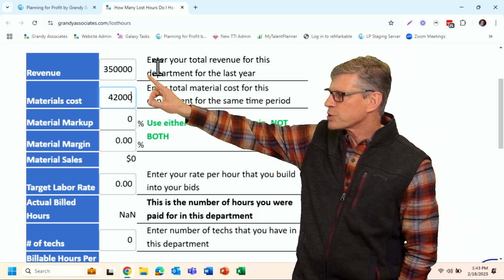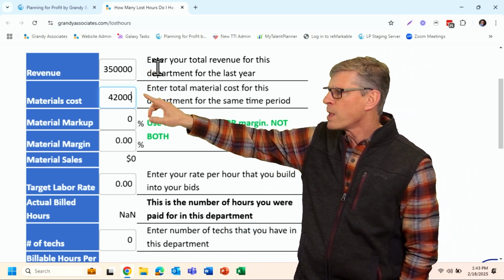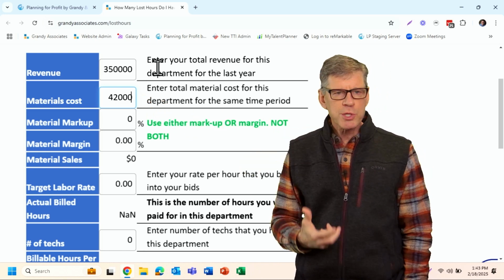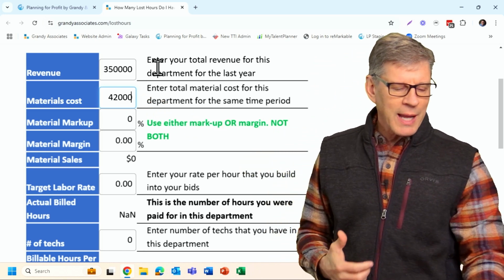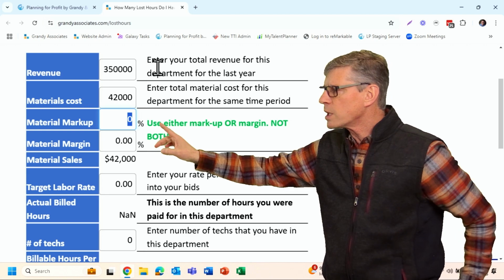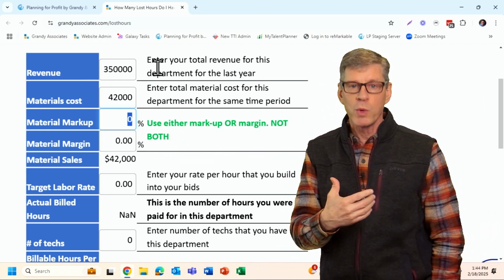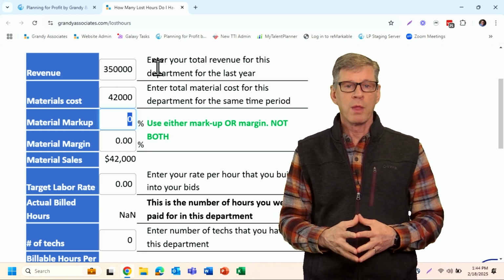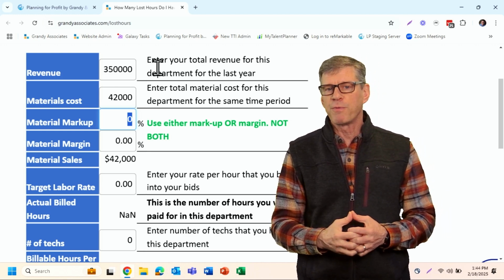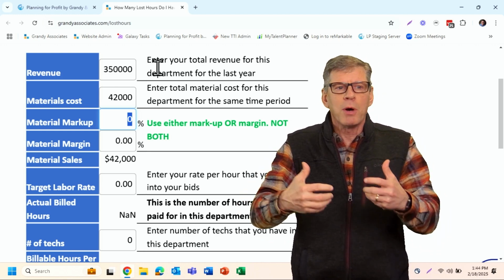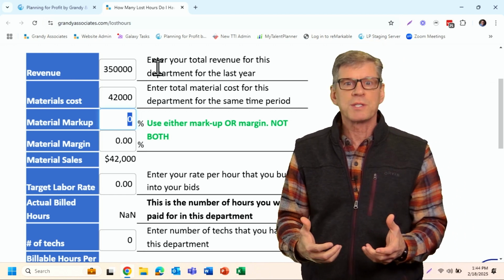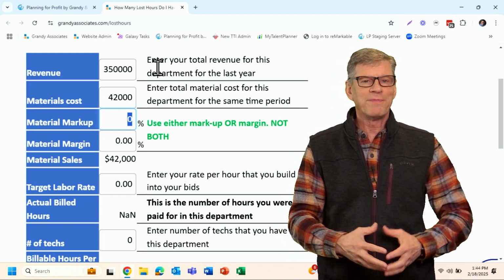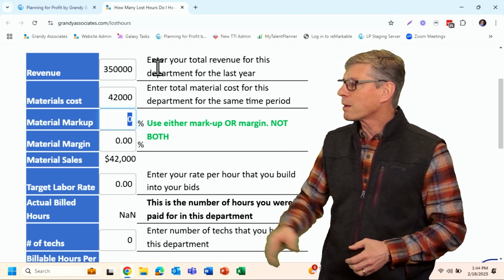So we've got our total revenues for this department and our total cost of the materials that we used. Now we're going to enter either our material markup or margin, whichever you use. You'll use one or the other, not both. Remember, a material markup is if you're using cost times a multiplier, so cost times 1.5 would be a 50% markup.